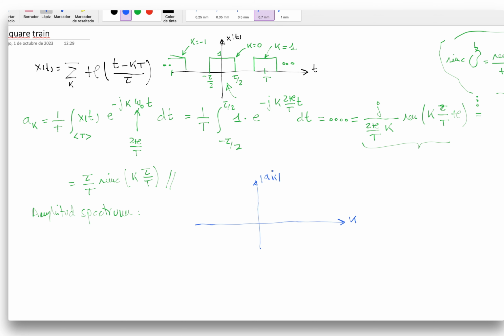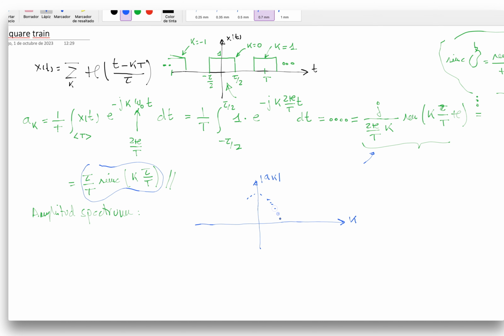And we use the modulus because those coefficients can be complex. So if we want to completely draw them, we would need to draw the amplitude, the modulus, and the phase. But in this case, let's just focus on the modulus. If you draw the modulus of this, which is basically this thing over here, what you would get is the following. You will get this.